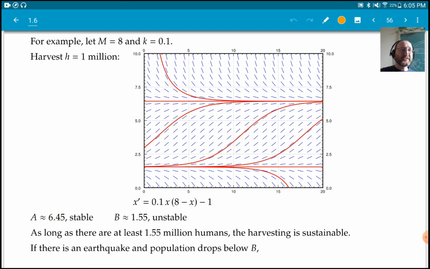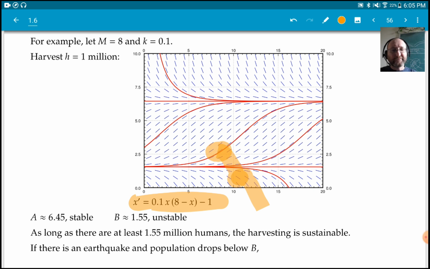Now, if there's some big disaster, right? Maybe we're out here, and this equation does not deal with disasters, right? I mean, this is nothing bad is happening, but there was an earthquake, right? And it killed all these people. Suddenly we're down here, right? And then if we're down here, you notice that we just keep going down, right?